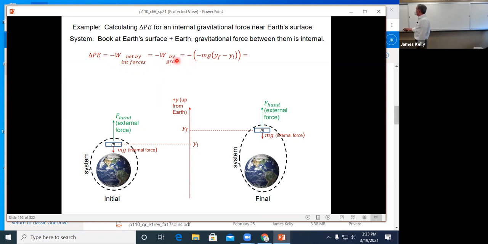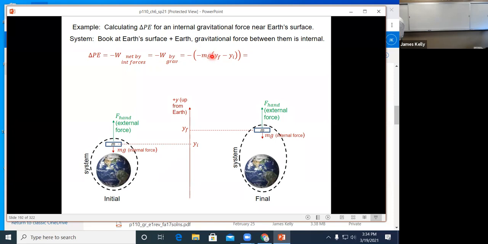Now, the work itself done by gravity, is everybody okay with the fact that that is negative? That's why you're seeing a double negative there, right? I had a minus sign in front of it, but the work itself is negative because gravity's pulling down as I'm raising it up. And we know how to calculate that work, right? The gravitational force is constant, so I can go back to my old F times delta x formula for a constant force doing work.